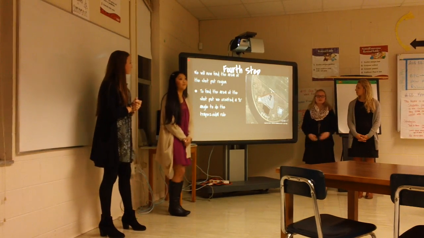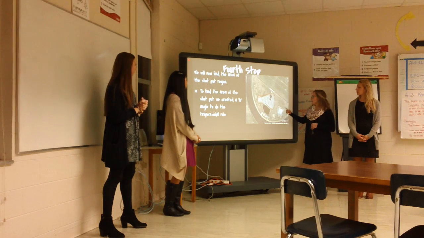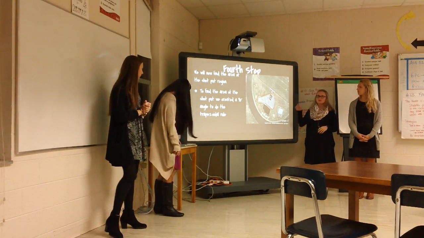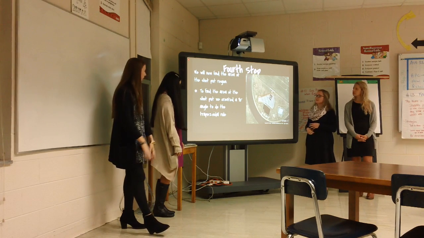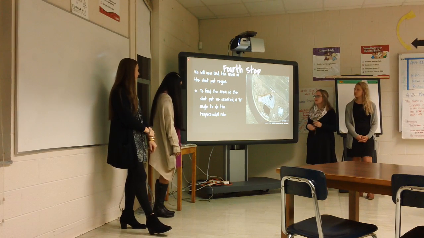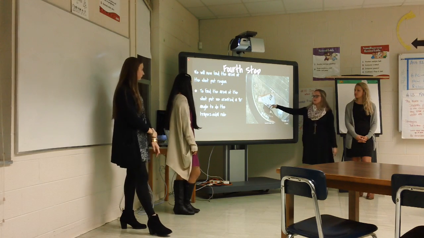So for our fourth step, we had to take into account the discus and shot put regions and subtract them from the total area that we found in the end zones. So to find the area of the shot put, we created a 90-degree angle and then did the trapezoid rule.